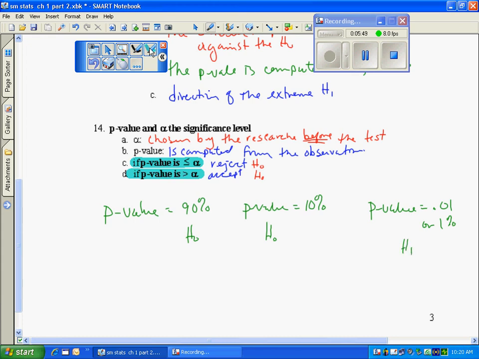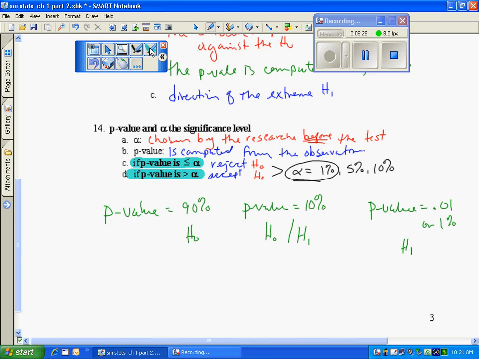A p-value of 10% is kind of where you start to make a change, because this idea of alpha, we have some common measurements that we're going to pick. Alpha typically is either 1%, 5%, or 10%. I'm either going to be satisfied with making an error 10% of the time, 5% of the time, or 1% of the time. So I'm not going to make a change unless my data is very, very unlikely.